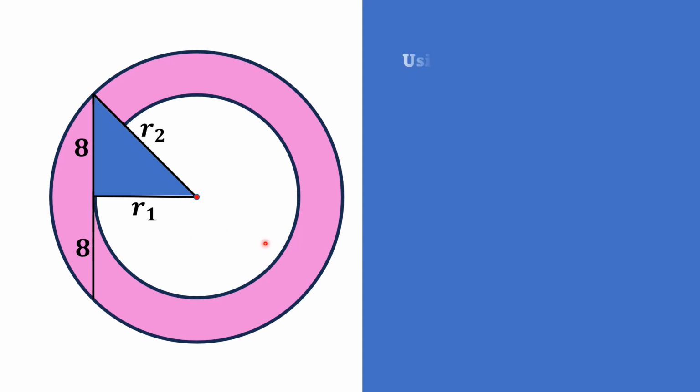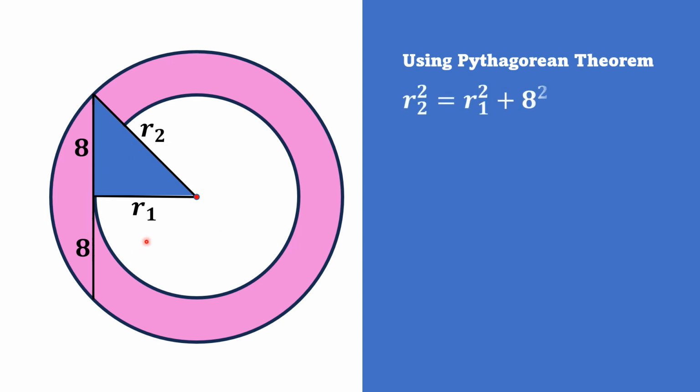Now using the famous Pythagorean theorem on this triangle, we have R2 square is equal to R1 square plus 8 square, and from here we can take R1 square to the left, so R2 square minus R1 square is equal to 64.